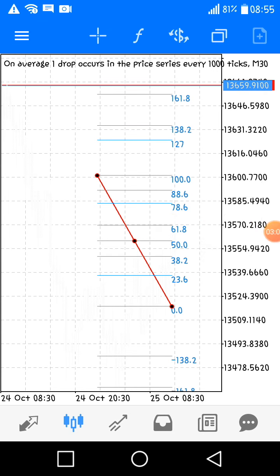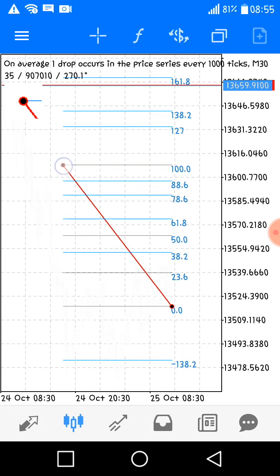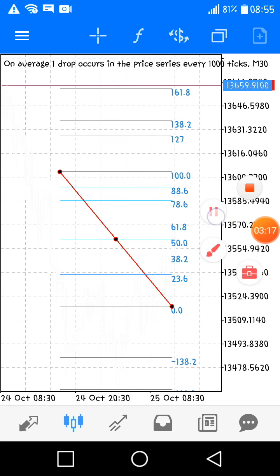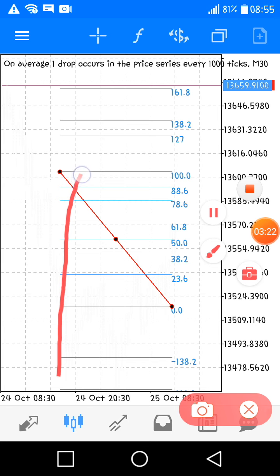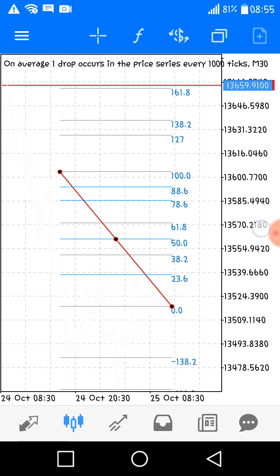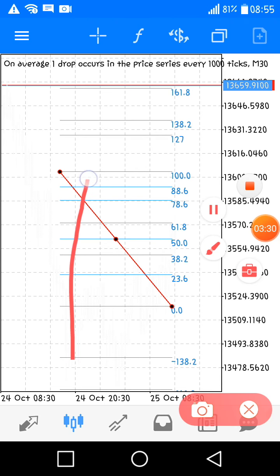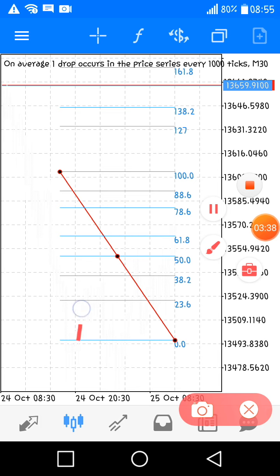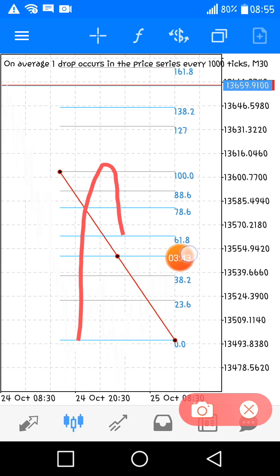If you see price, let me just plot the Fibonacci. Let's say price came down, sorry about that.